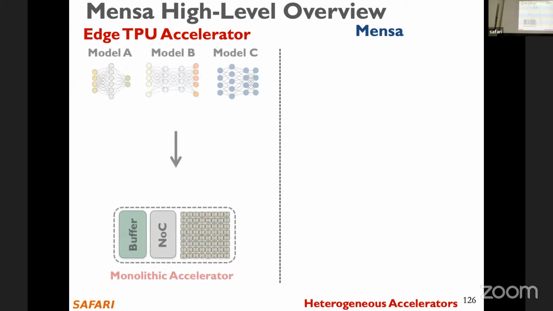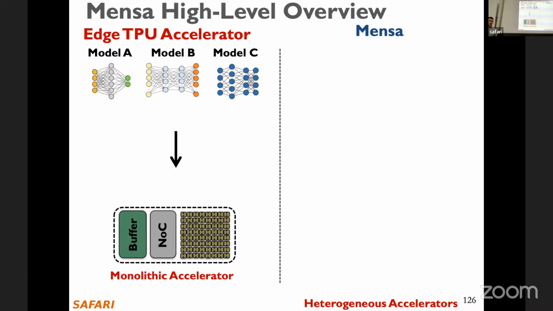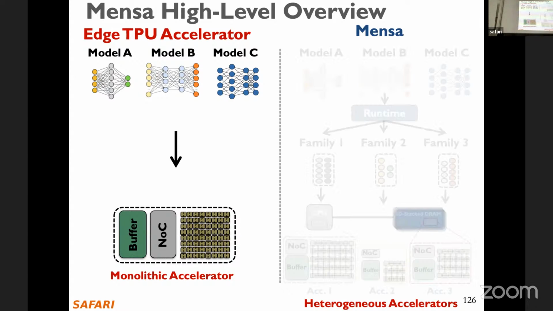The solution out there right now is to take all of those models, regardless of their size or characteristics, and map them to a single monolithic accelerator.